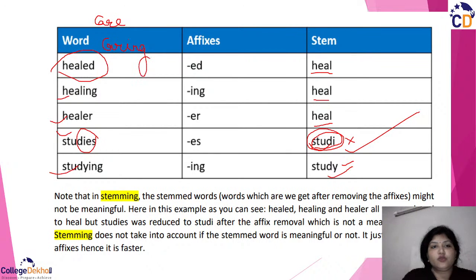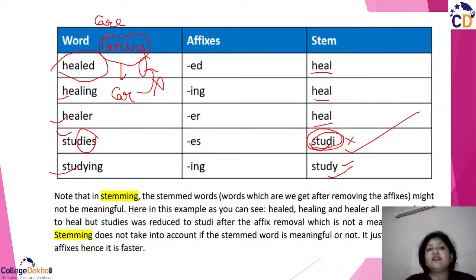If I use a stemmer for caring, the base form converted by the stemmer function would be car. Caring is something else I am talking about. So removing the affixes, I am getting a base form which is not logical, and not even related to caring. This is the disadvantage.